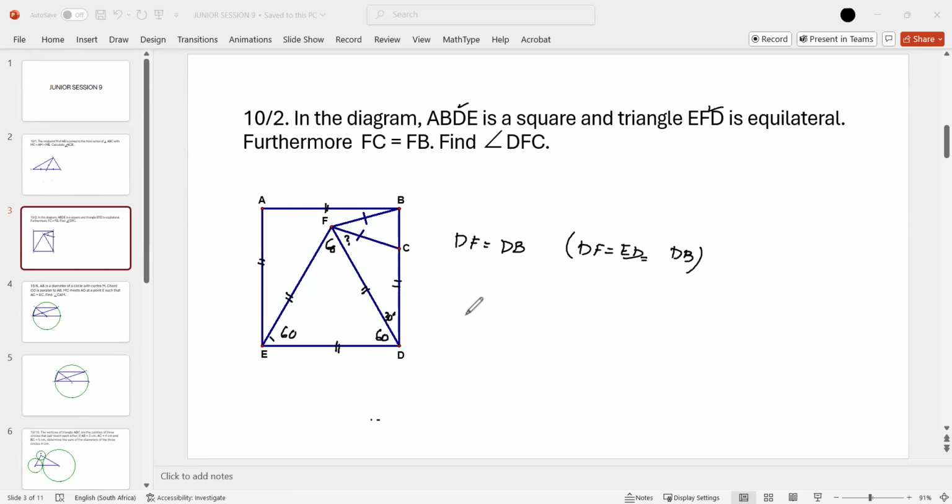But that makes that an isosceles triangle. So therefore, these two angles, angle DFB, the angles opposite the equal sides, are equal. So this is an isosceles triangle. I'm saying angle FBD.